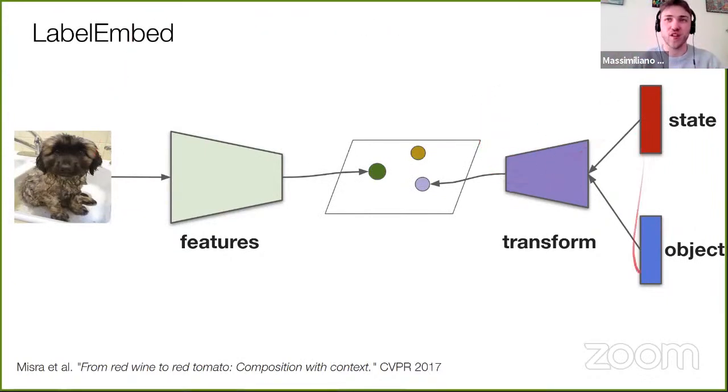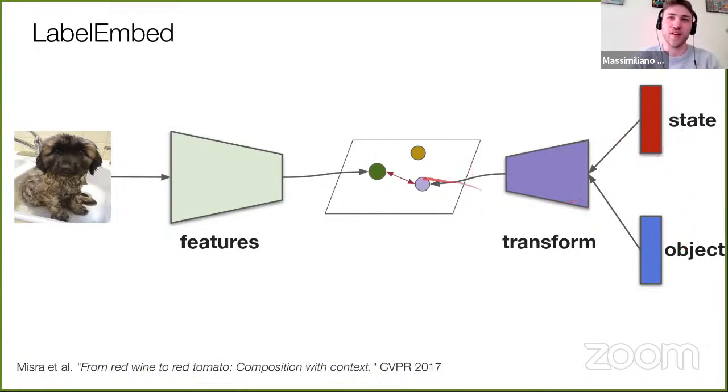Then both the image features and the new embedding, obtained by transforming the state and object composition, are projected into a shared embedding space, together with this yellow dot, which is the embedding of another composition. Then a loss is minimized, like a cross-entropy loss or a triplet loss. Basically, you want the image features to be closer in this shared embedding space to the corresponding embeddings of their compositions.